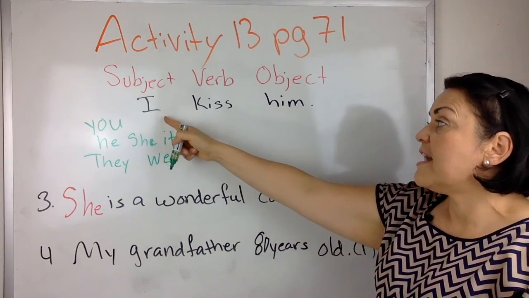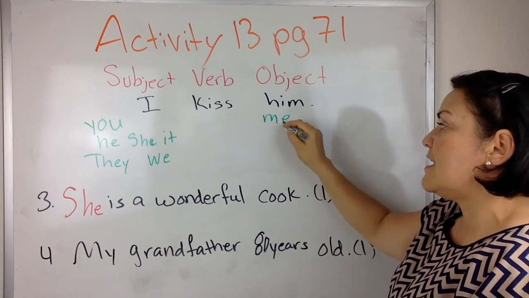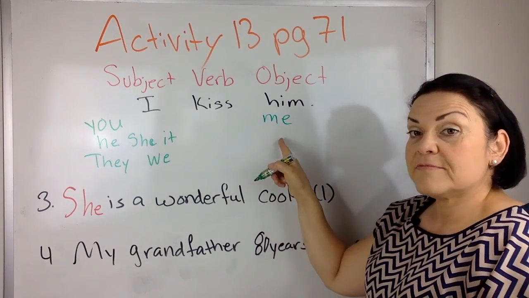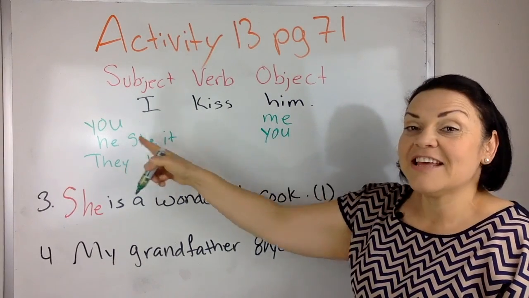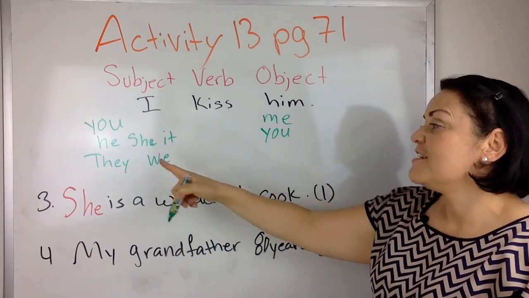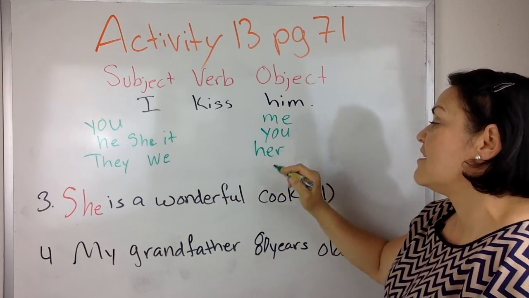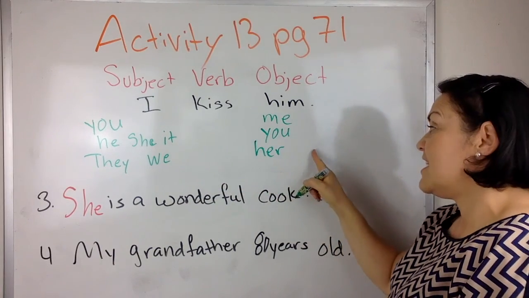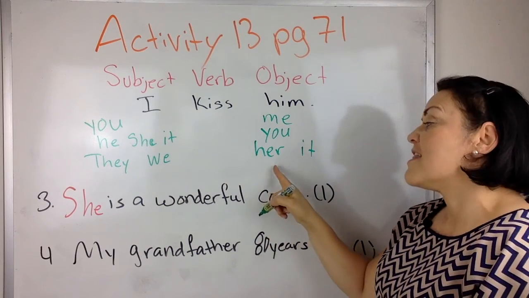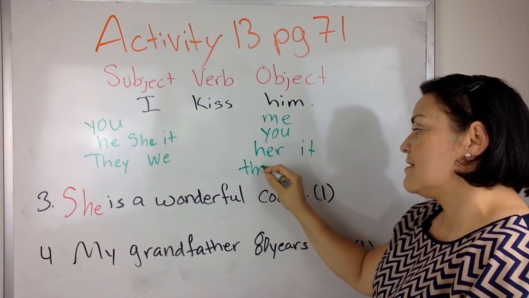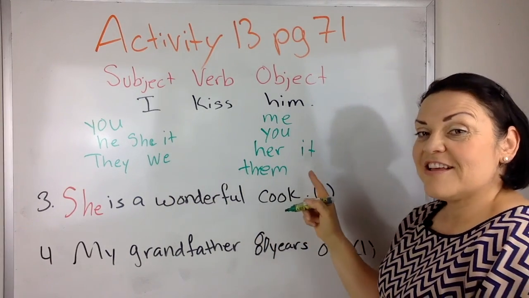So if it's I, on this end would be I, me, you, you. That one's the same. He, him, she, her. It, that one stays the same. They, them. Sorry. We, us.